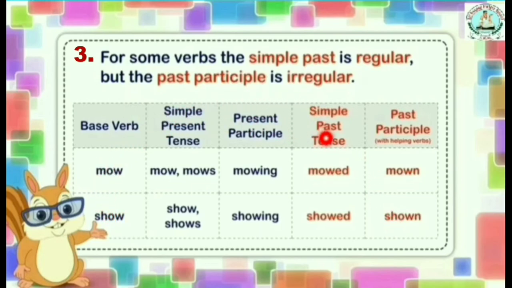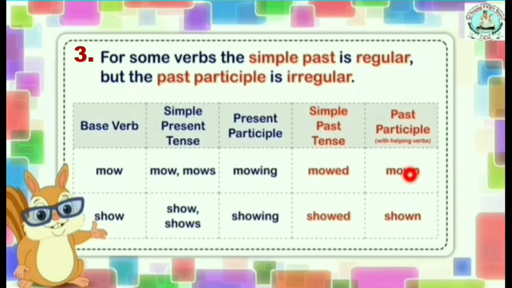So some verbs follow these rules. They change in simple past tense and past participle. They remain changed in these two columns. So while using these, observe carefully in the sentence. If it is without helping verb, then it is a regular verb.